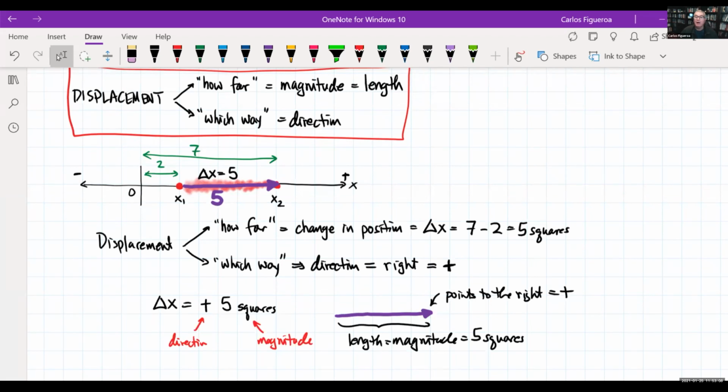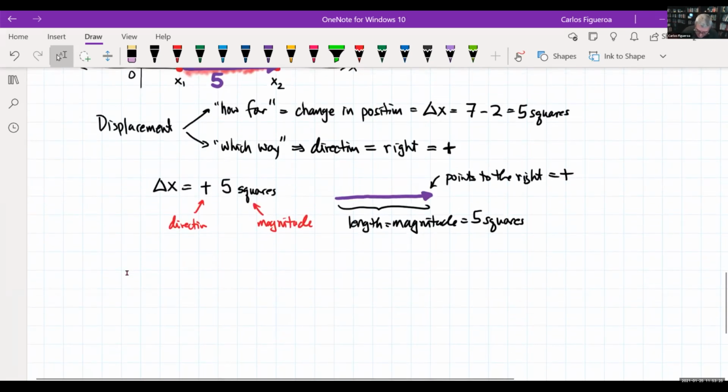Instead of always focusing on numbers and stuff like this, what I'm going to do is, if I have a short vector versus a long vector, to conceptually try to get the idea across, look what I'm going to do.